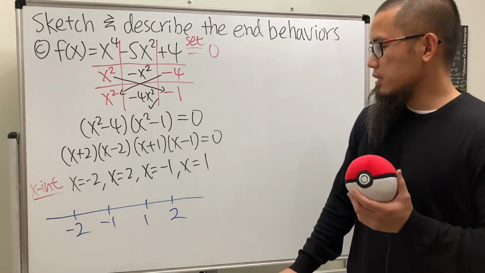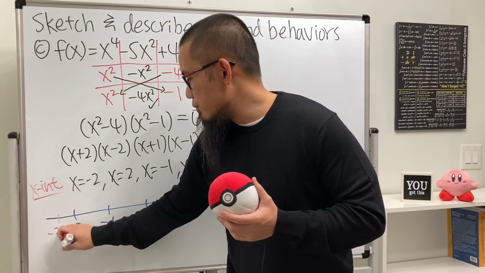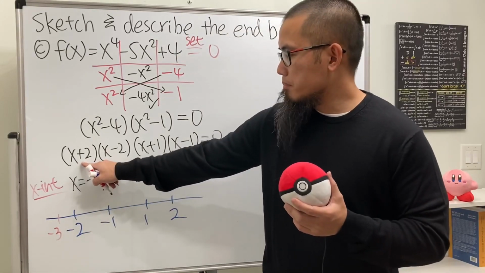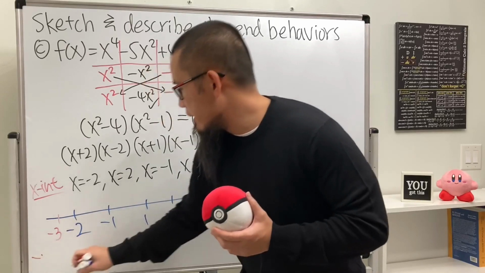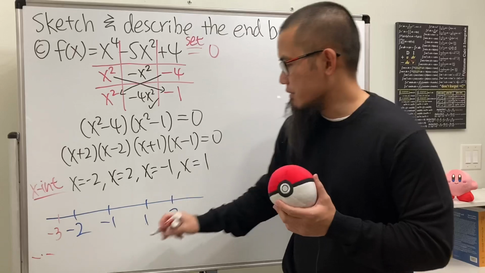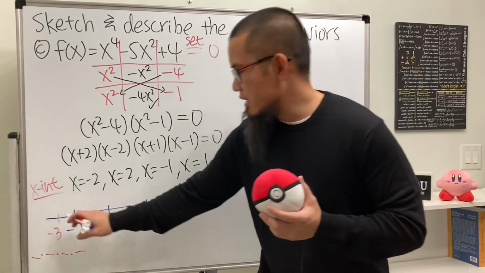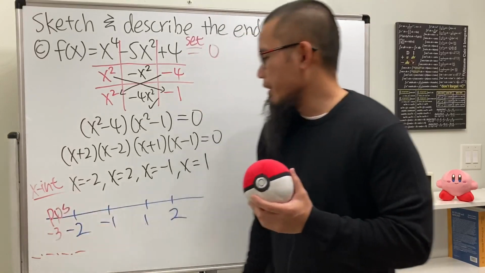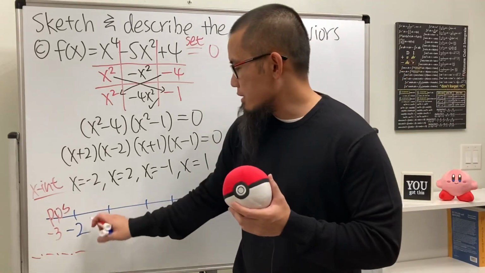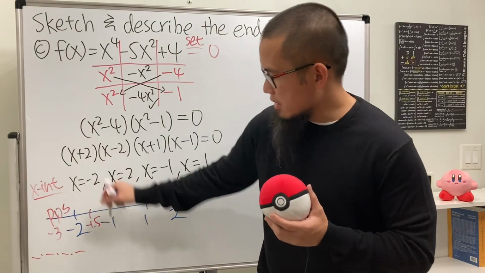All right, so let's see. When x is less than negative 2, so let's say we have negative 3. Put it here, we get negative, and then negative, and then negative, and then negative. So everything negative. But altogether, we get positive though, right? Okay, cool. And then pick a number between this and that. So let's say negative 1.5. Okay, that will be positive.